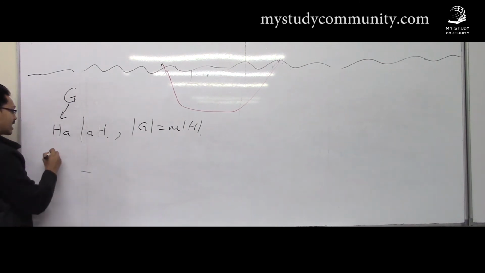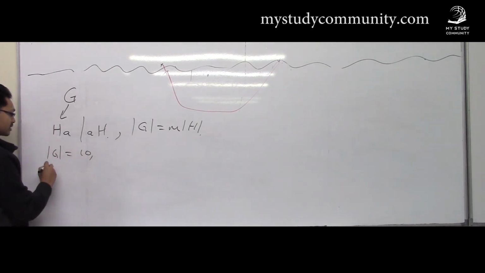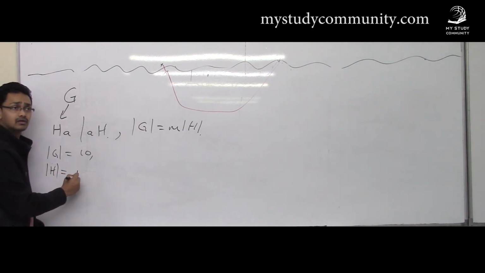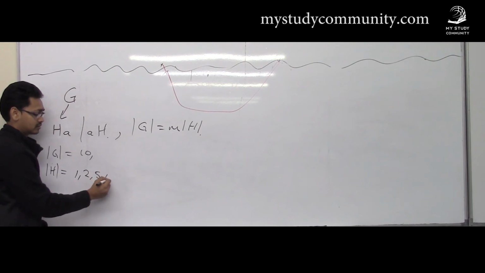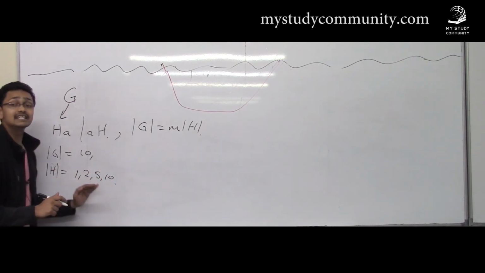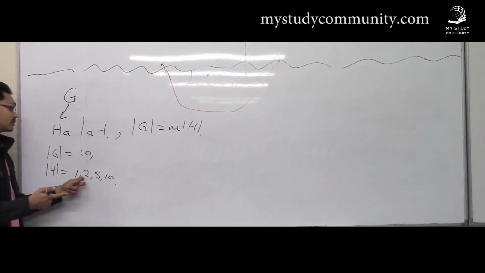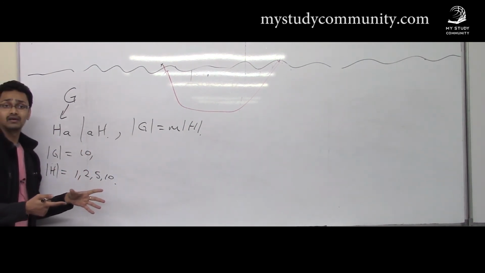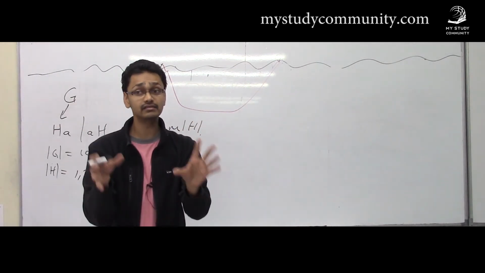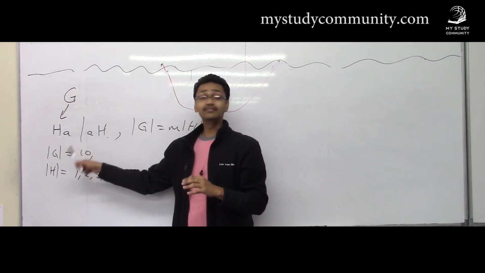So in other words, if I have a group of order 10, then possible subgroups would be of order as well. But does this guarantee that I will have a subgroup of order 1, 2, 5, or 10? No, the converse is not true. It just says that if there's a subgroup, then the order of the subgroup must divide the order of G.